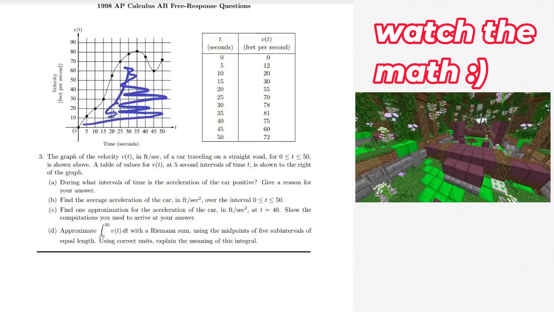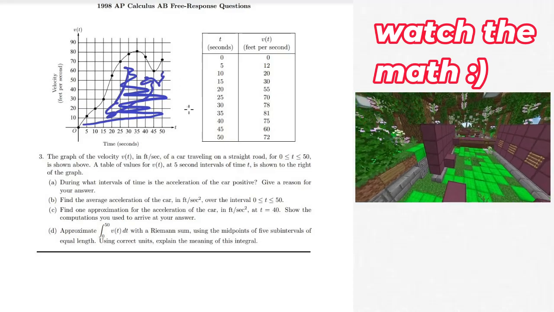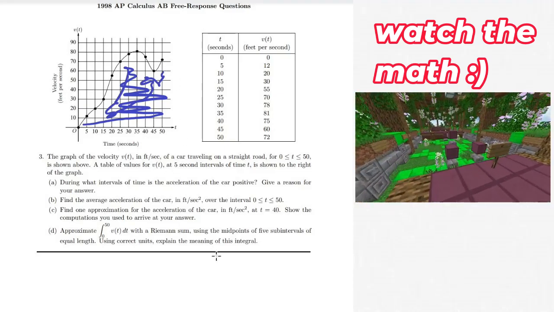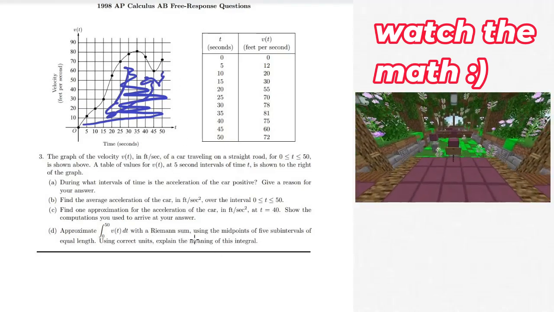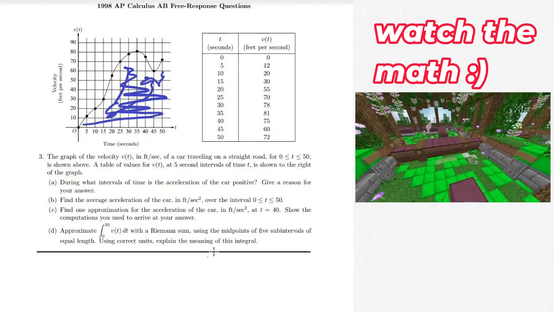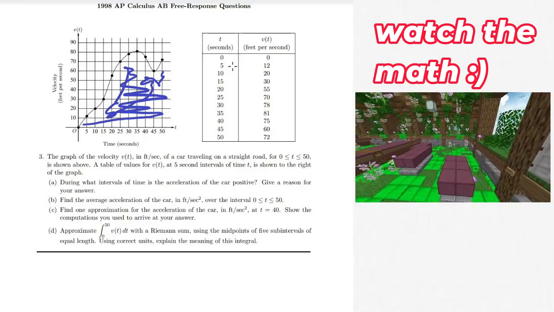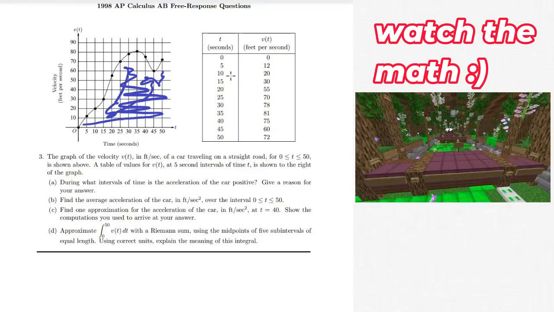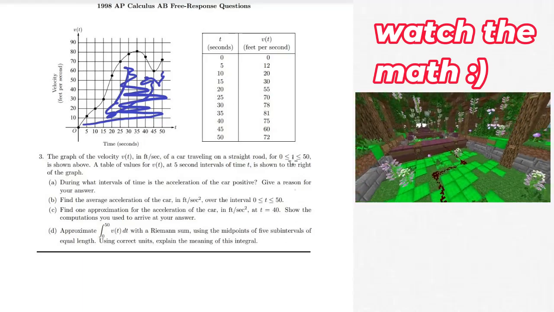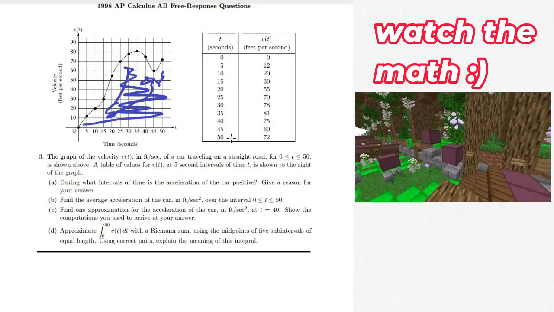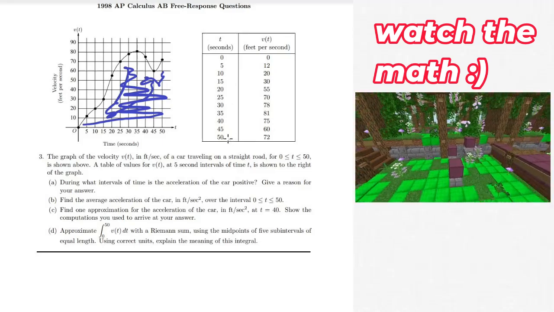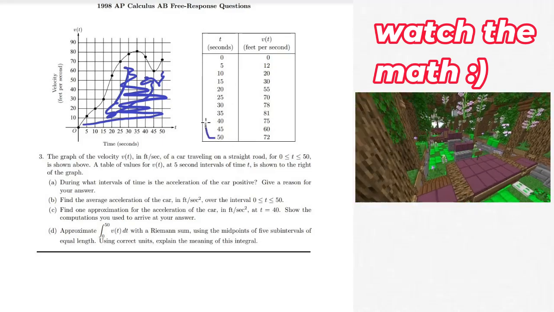That's a horrible shading of the region, but you get the point. And to do this, we're using a Riemann sum. If you don't remember Riemann sum, you're going to be basically adding a bunch of things up and multiplying times how long you're going to do it. And we have 5 subintervals. We have 50, so divide that, and look, each subinterval is going to have 10 difference between it.